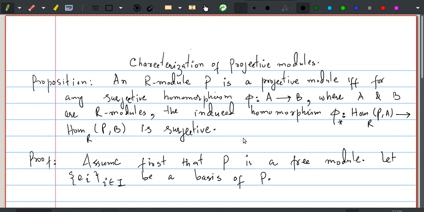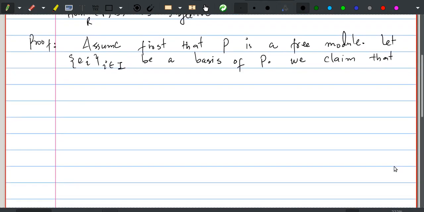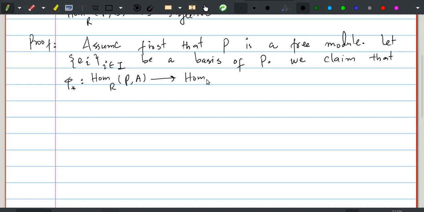We claim that this induced homomorphism phi star from these two sets is surjective.